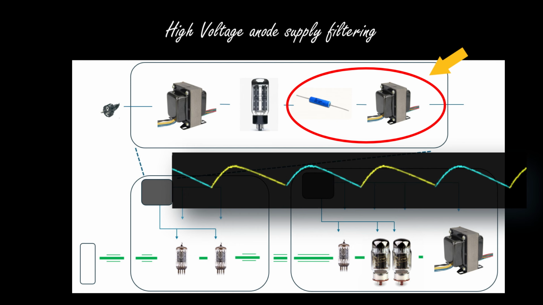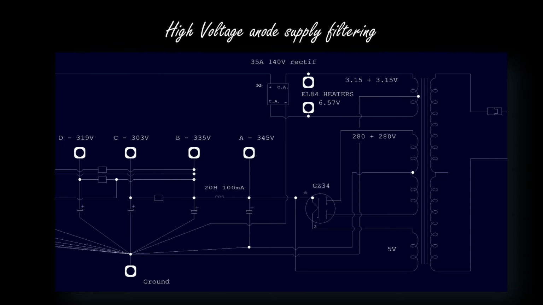And in case of power amplifier tubes, maybe even in a push-pull configuration, we can accept more than 1 millivolt ripple. We can even accept maybe 10 millivolt or something like that. So this should be adapted to the circuit.